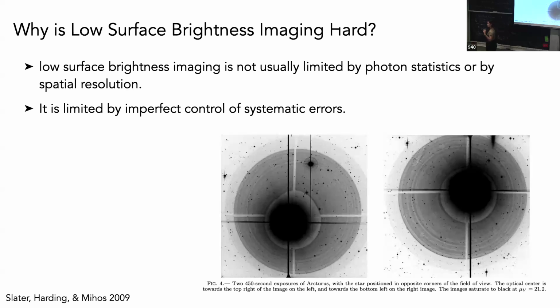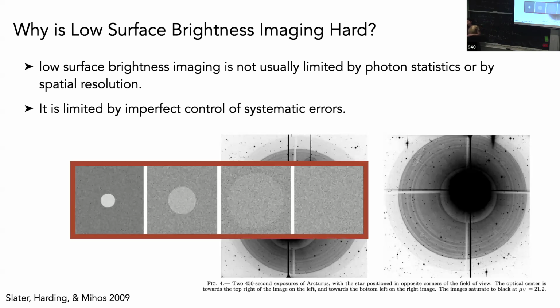And this creates a noise floor that limits the surface brightness depth. So if I were to put my galaxy here, even if I see it, it will be hard to know if it's a real galaxy or just an artifact or ghosting in my image.